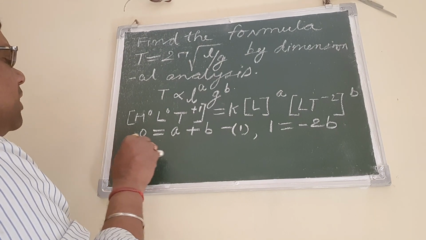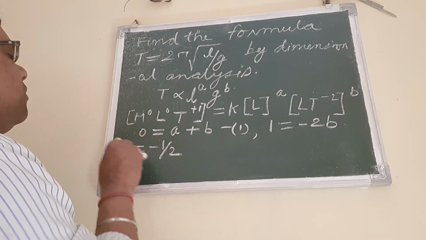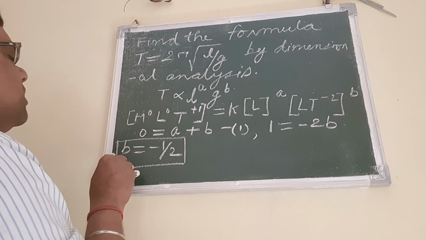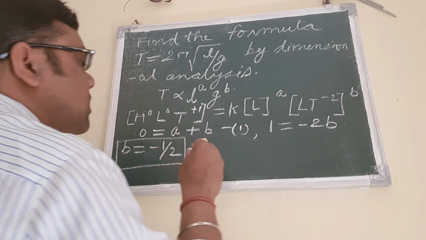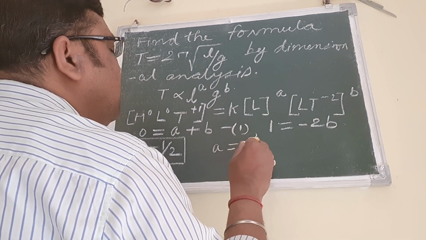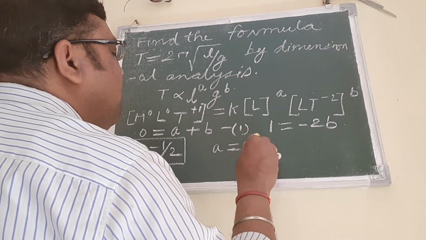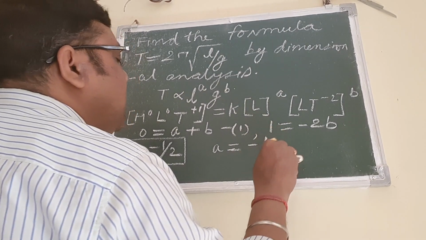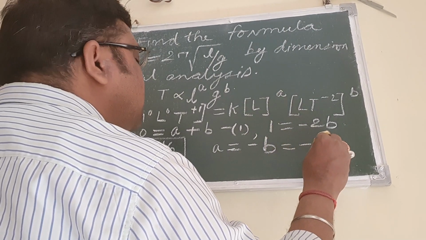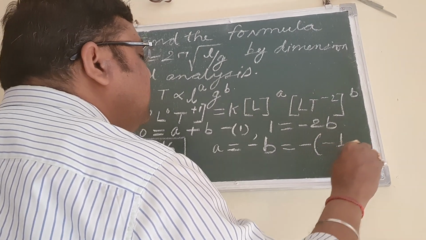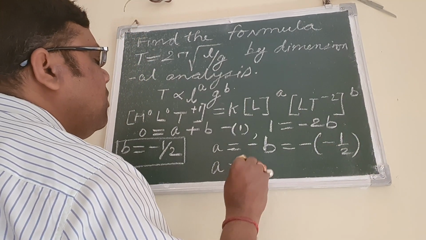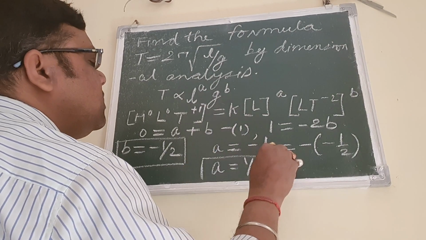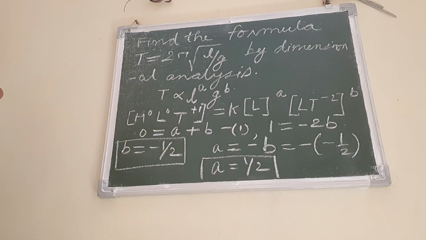So B is equal to minus 1 by 2. This is the value of B. So A is equal to minus of B, which is minus of minus half. So A is equal to 1 by 2. This is our value of A.